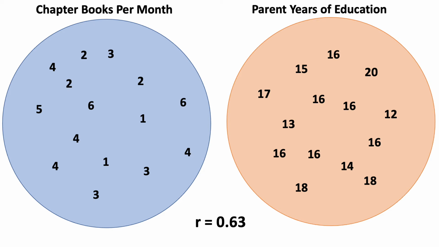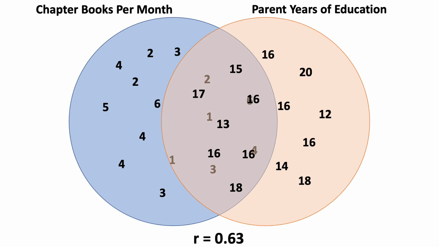Now, how much of that variability in the chapter books per month could we really account for with the parents' years of education? It'd be pretty useful if we could see how powerful that information was. In other words, how much of the variability in the chapter books per month could actually be explained by the parents' years of education? We want to know what that overlap is.